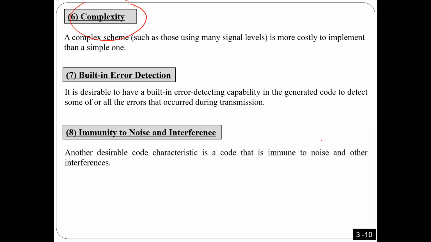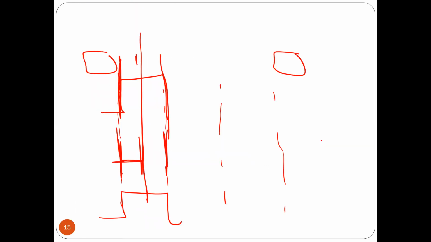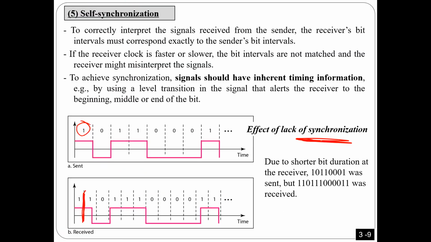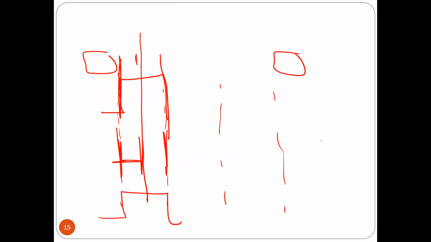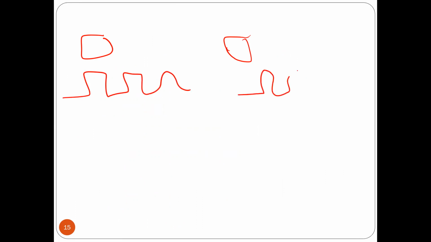So first of all, why do we have this problem? Why don't both of them use exactly the same boundary? Because as I told you before, we use electronic circuits at the sender and receiver to generate a clock.